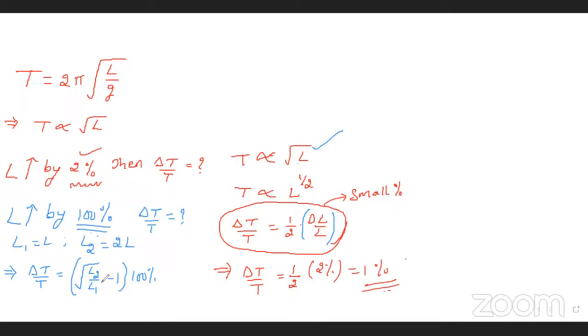L2 is 2L. L1 is L. L by L, what happens? Cancel out. So what is the left out term? Root 2. What is root 2? 1.41. Yeah, 1.41 minus 1 is there.